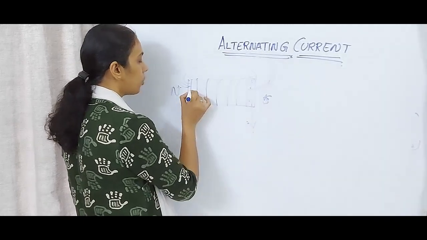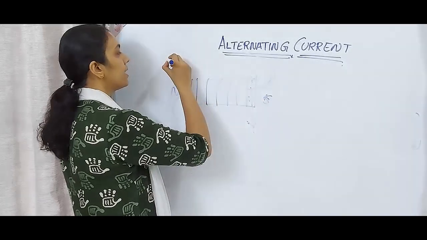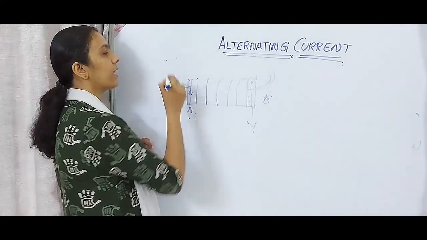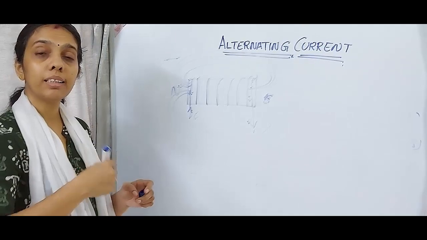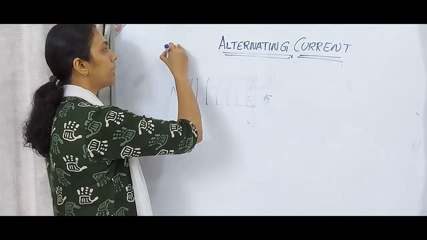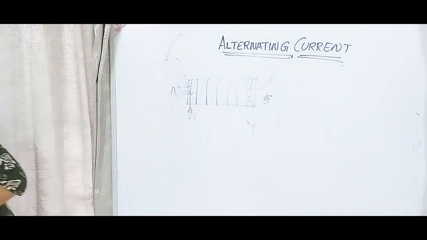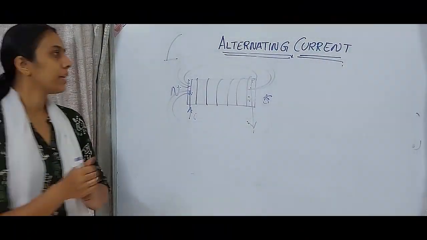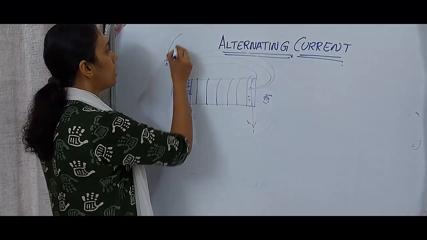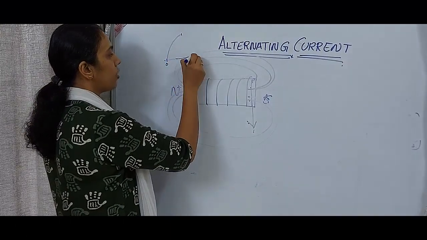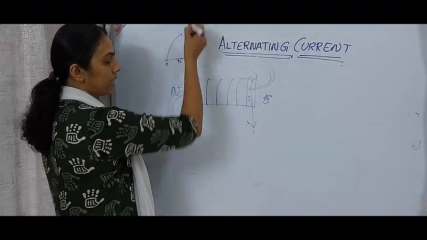As the current keeps moving, it is increasing. When I consider the AC circuit, the current increases from 0 to pi by 2. Till pi by 2 the current will be increasing, and that increase we represent from 0 to pi by 2.